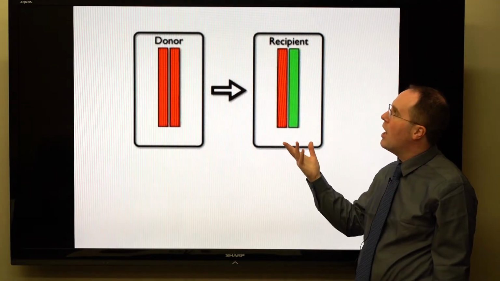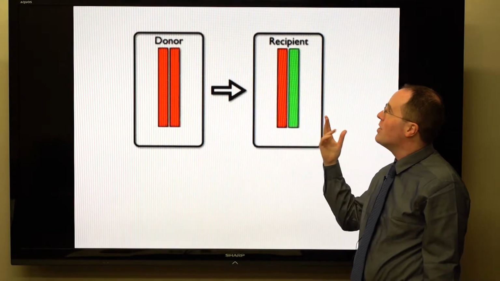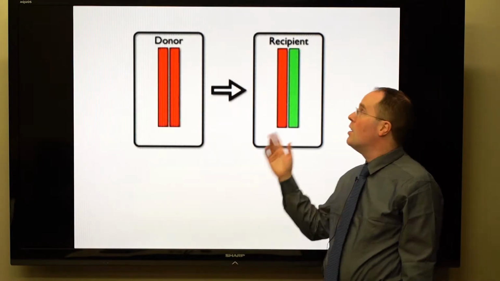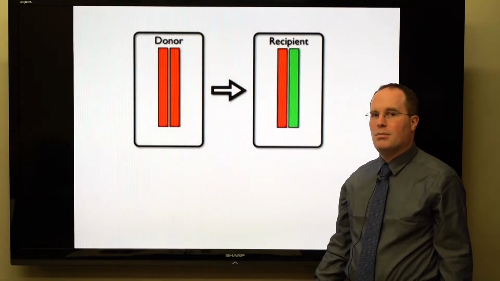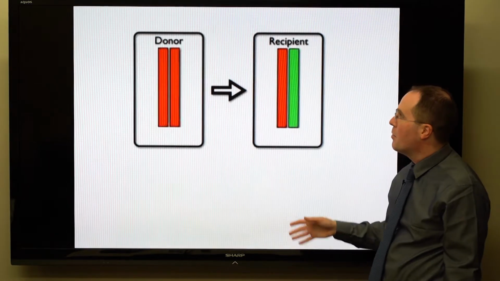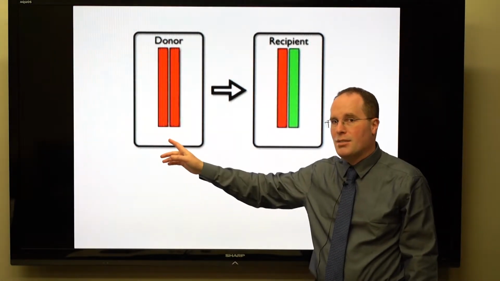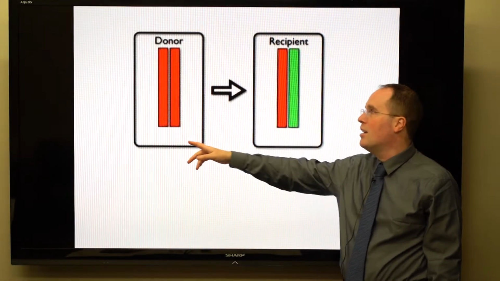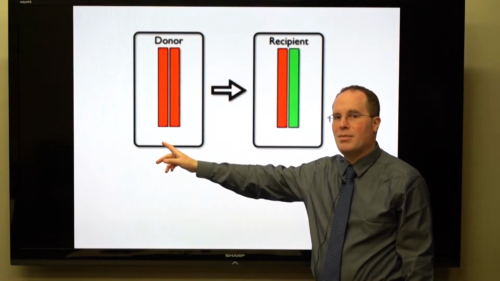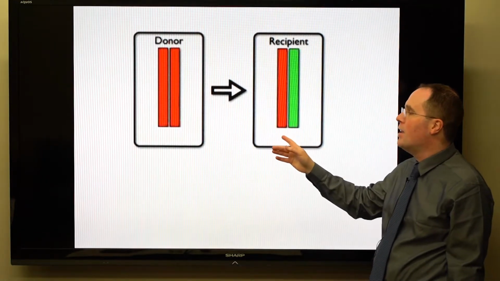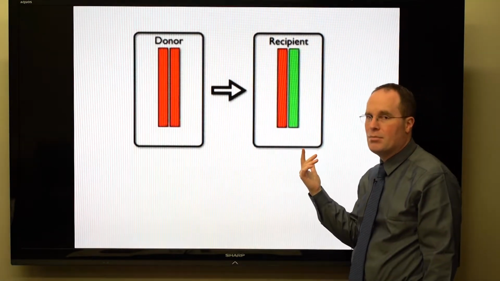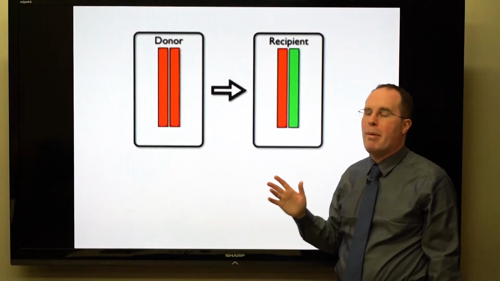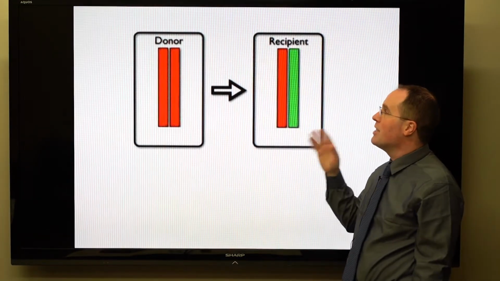So how this turns out is when the recipient T cells look at the donor T cells, the recipient sees nothing foreign, right? If all these other loci are the same and the donor is homozygous at the same locus, the recipient is heterozygous, let's say the donor is A6 homozygous and the recipient has A6 and A7. Then the recipient will see A6 and go, yeah, okay, no problem, I'm A6 myself.